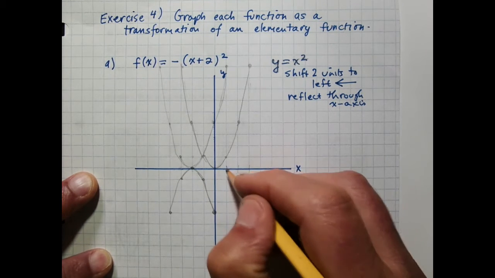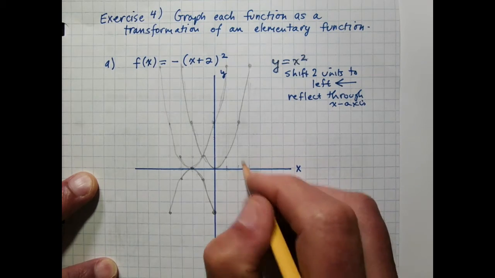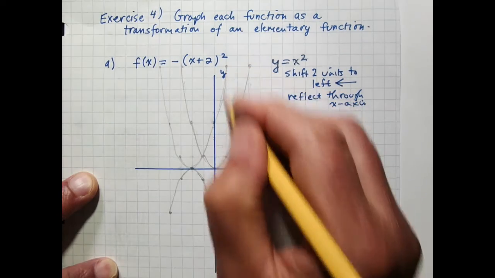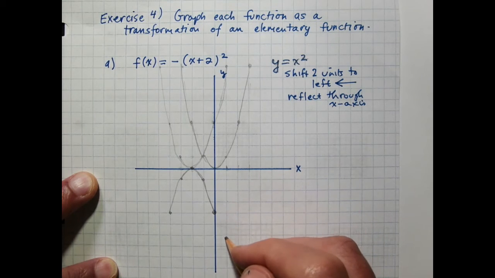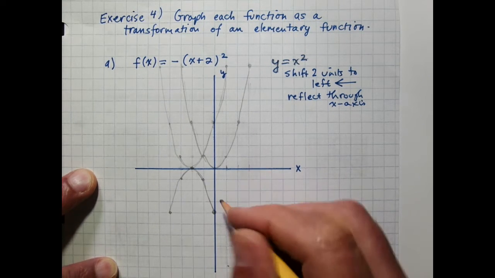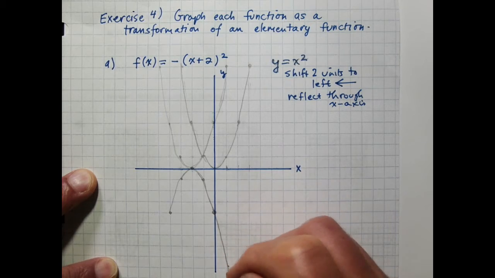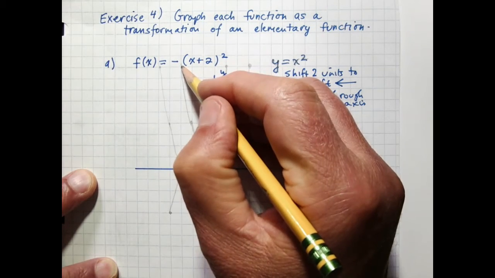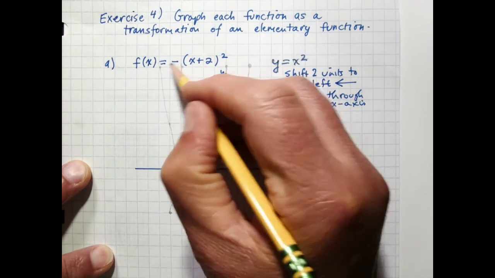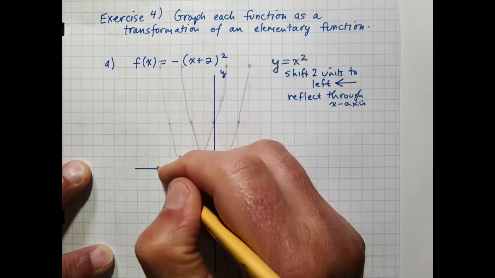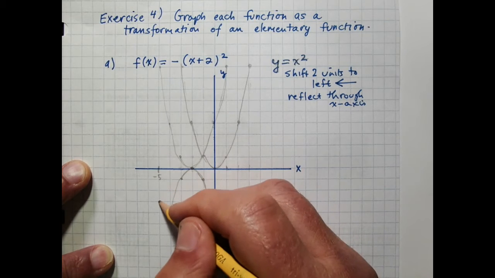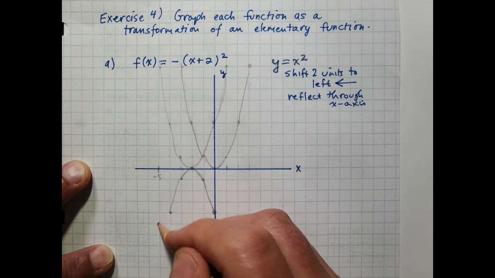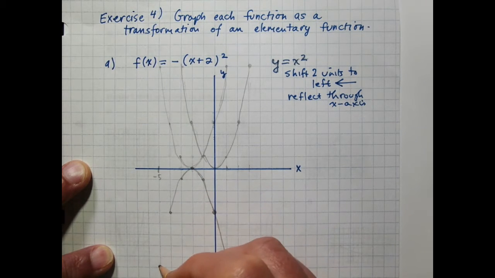When I shift it over, instead of 3, 9, I have 1, 9. So now I'll have 1, negative 9. And instead of negative 3, 9, I had negative 5, 9. So now at negative 5, I should have negative 9.